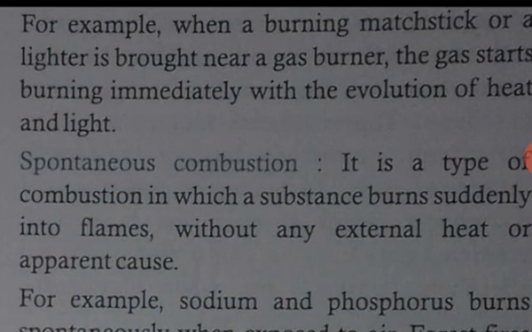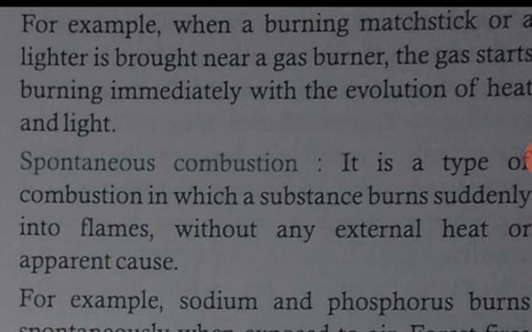Second is spontaneous combustion. A piece of white or yellow phosphorus catches fire by itself when it is dry, even at room temperature. It happens because the ignition temperature of the substance is lower than room temperature, and the phosphorus rapidly reacts with the oxygen of the air at room temperature to form phosphorus pentoxide.